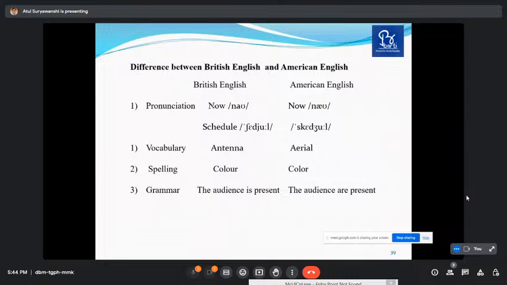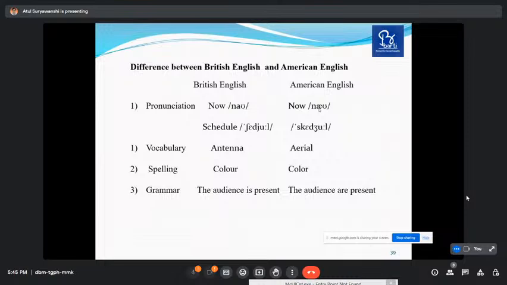So here, regarding the pronunciation, when a British person speaks, he pronounces the word 'now' with one vowel sound. But an American speaks it with a different vowel sound. So they pronounce the sound differently in American English. So note this difference.